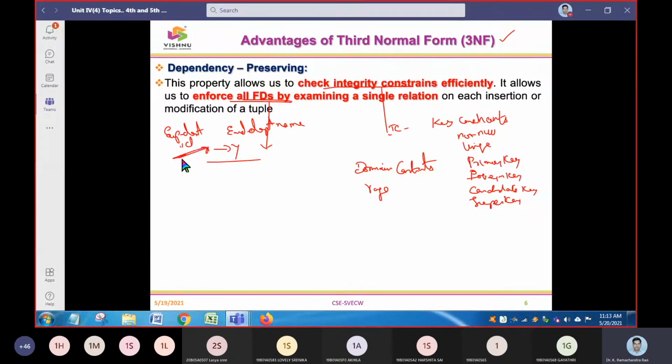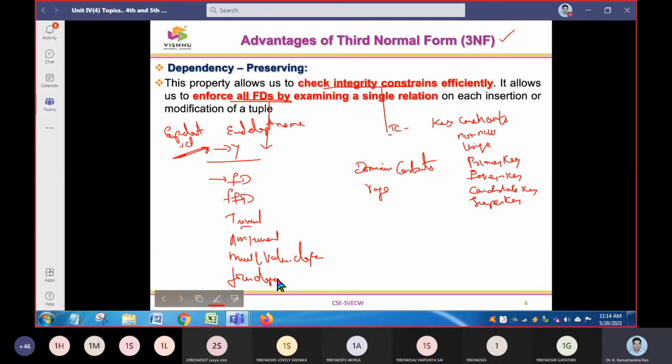So Y is functionally dependent on X. In that case, we can say functional dependency, fully functional dependency, trivial dependencies, non-trivial dependencies, multi-valued dependencies, and join dependencies. These are the different types of dependencies we have studied earlier.